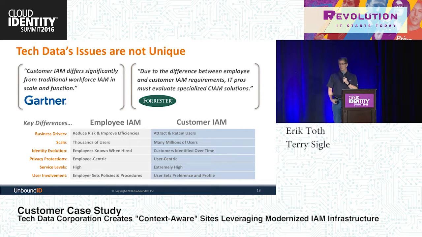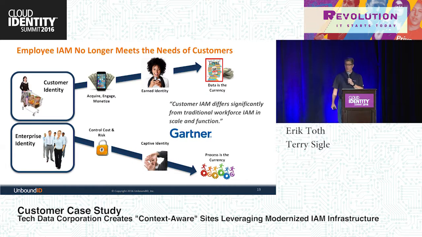Some of the key differences are the drivers you see down below, such as, obviously, the scale: thousands of users to many millions of users. A lot of the enterprise IAM solutions in the market today just aren't geared towards scaling to millions of users. So employee IAM solutions just aren't meeting the needs of customers.